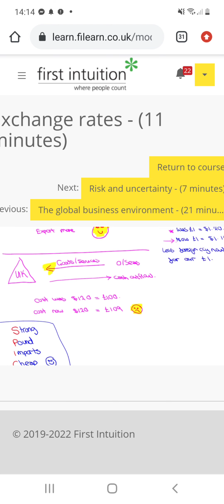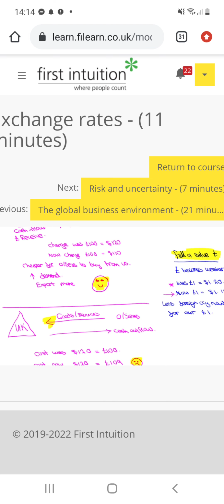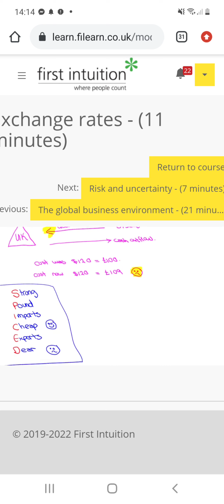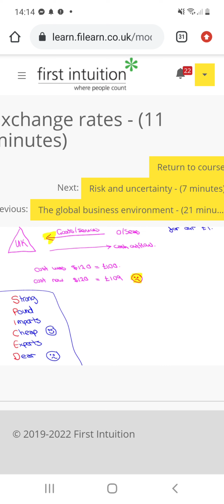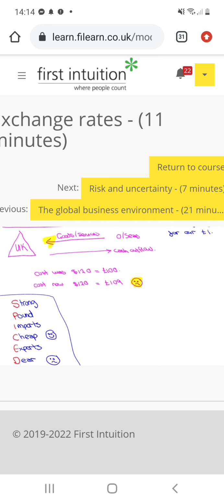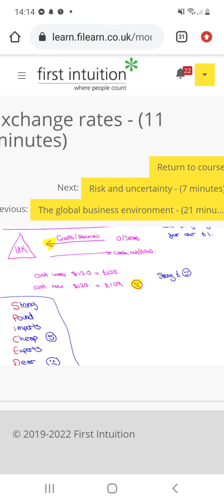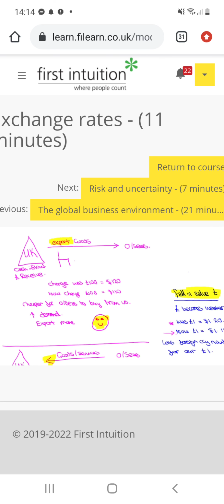The pink is depreciation of the pound, a fall in value. And in our box here, we have an appreciation of the pound. So our imports here, if we have a strong pound, imports are cheap. If we have a strong pound, exports are dear.